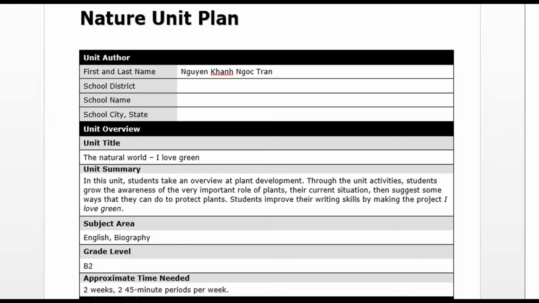Through the unit activities, students grow the awareness of the very important role of plants, their current situation, and then suggest some ways that they can do to protect plants. Students improve their writing skills by making the project I Love Green. The approximate time needed is 2 weeks and 2 45-minute periods per week.